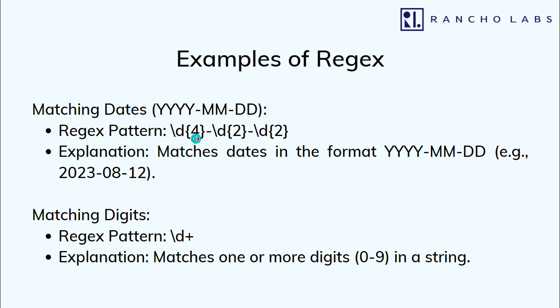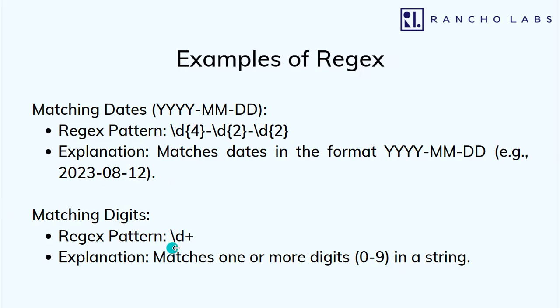In the curly brackets we have written 4, so 4 digits are allowed, then a hyphen, \d for a digit, 2 digits are allowed, and a hyphen and 2 digits in that way. If you give in a string 2023-08-01, it searches for the pattern. Here 4 digits, hyphen, 2 digits, hyphen, 2 digits match the pattern, so the chatbot will understand that it is a date provided by the user.